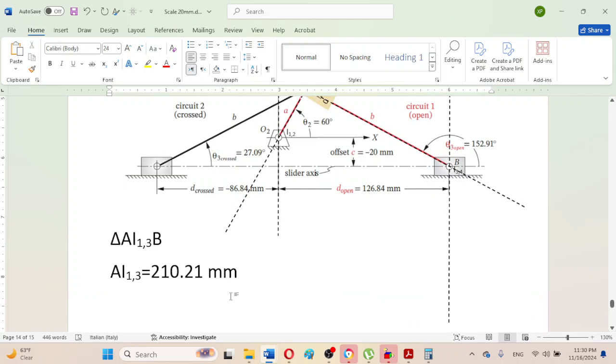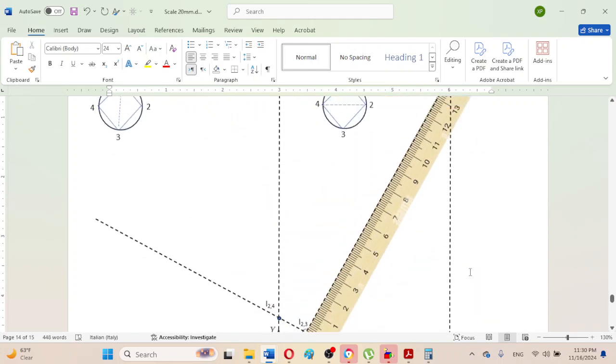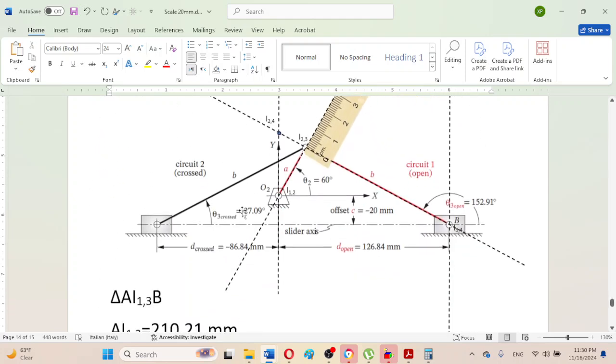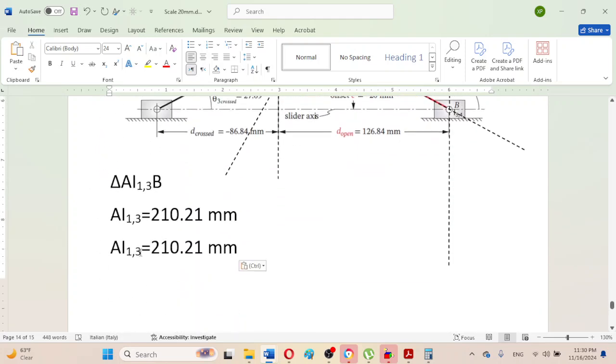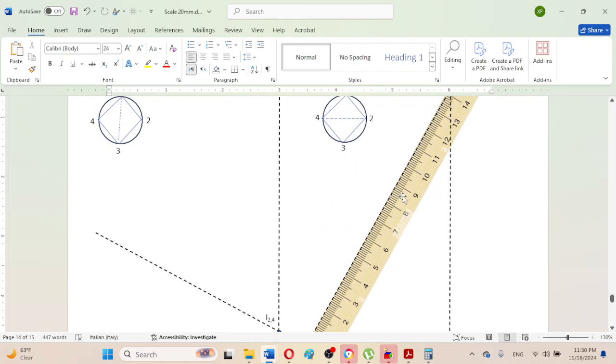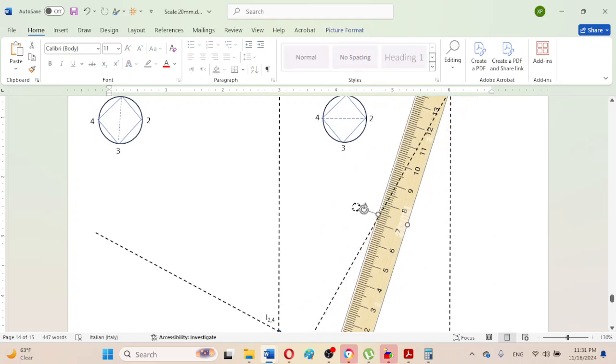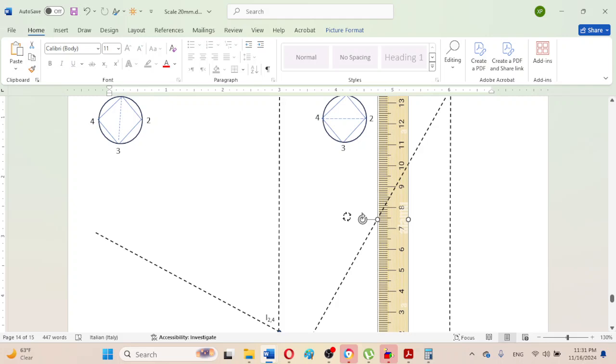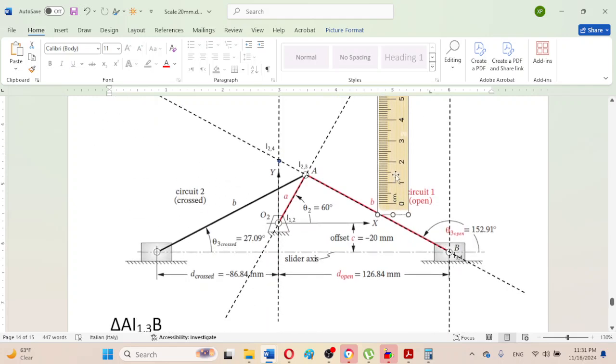And again observe, measure B I1,3, which means the distance from point B to this instant center. So just change it here and now determine it using this linear scale again, and now move it exactly vertical and place it here.